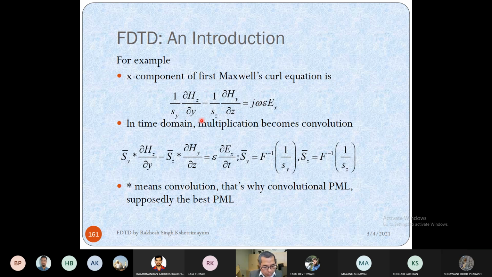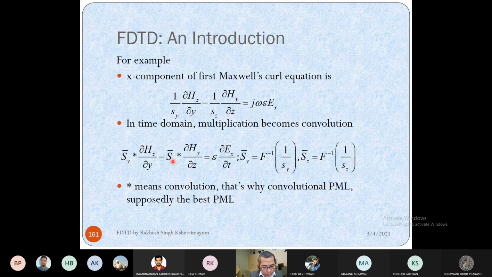If you want to go back to the time domain from the frequency domain, as you know, in the Fourier transform, multiplication in the frequency domain is converted into convolution in the time domain. So sy in the time domain will be doing convolution with this del Ez by del y. Similarly, this term here, which was multiplication in the frequency domain, will become convolution with this term in the time domain.